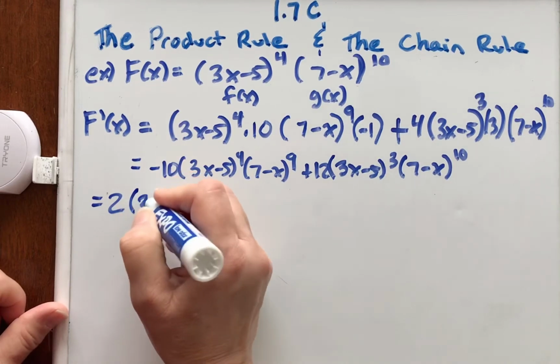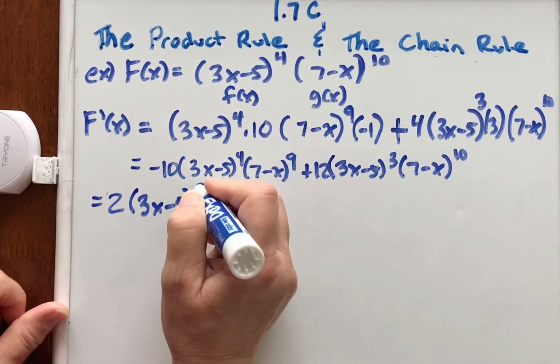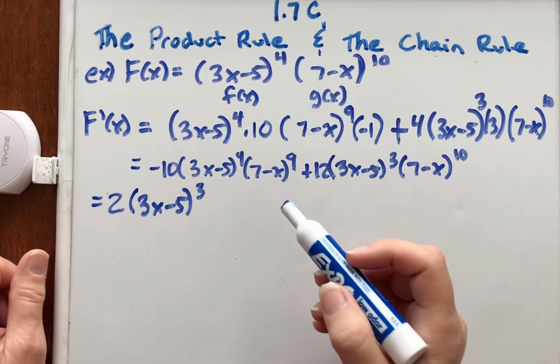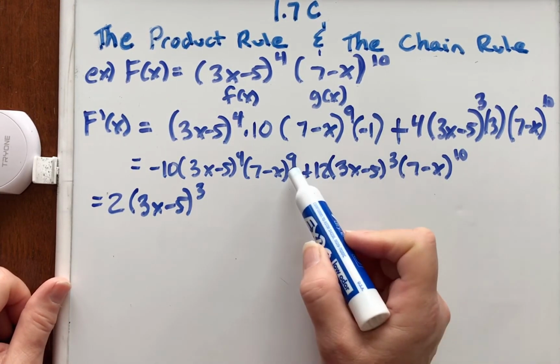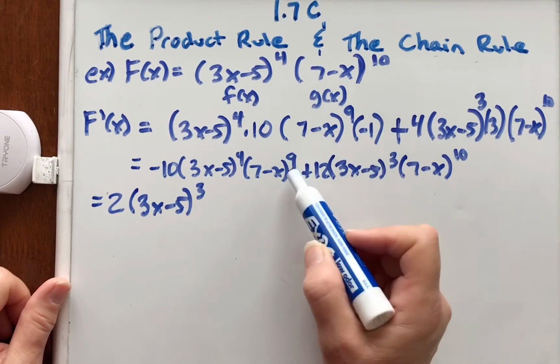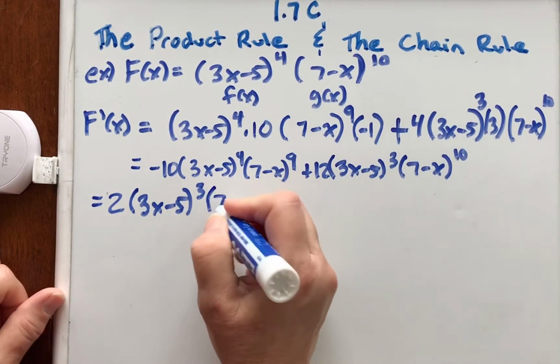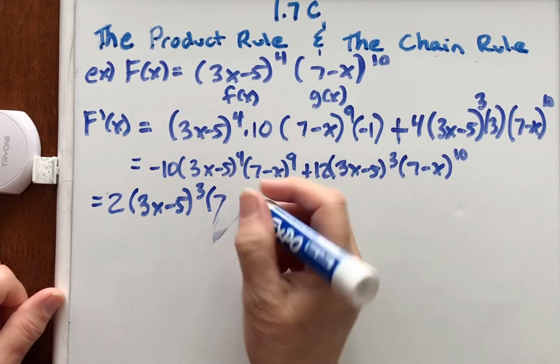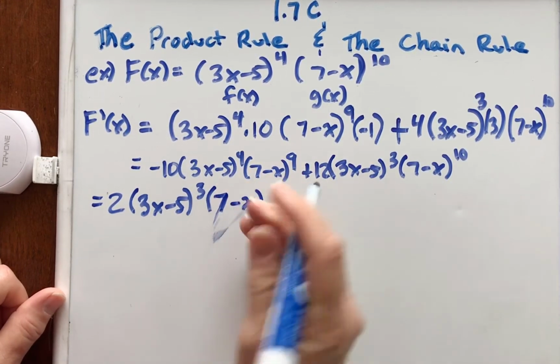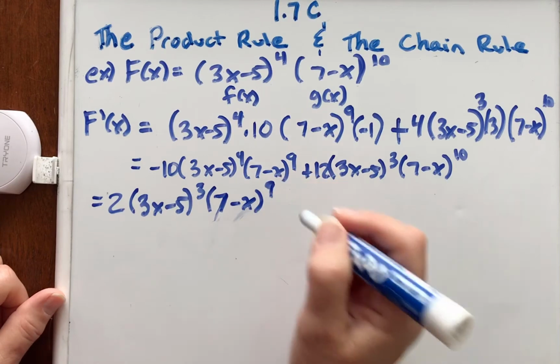So we pull out (3x minus 5) to the 3rd power. And now we see we have a 7 minus x in common. We take the smallest exponent, which is 9. So we pull out (7 minus x) to the power of 9.